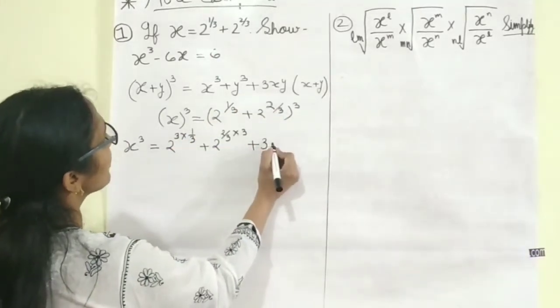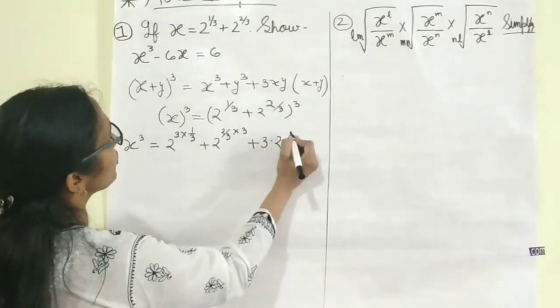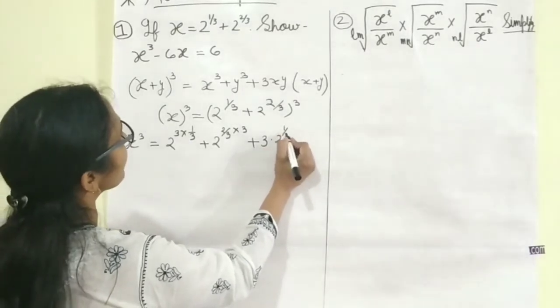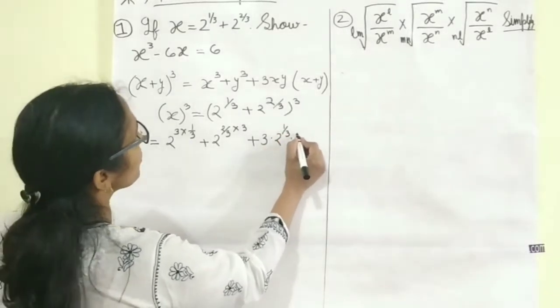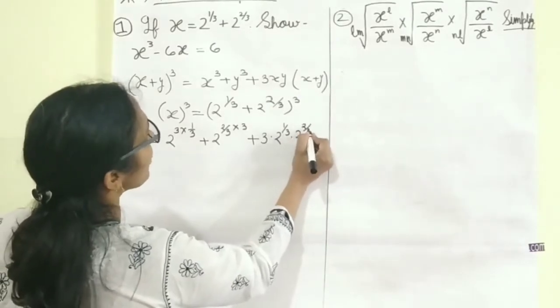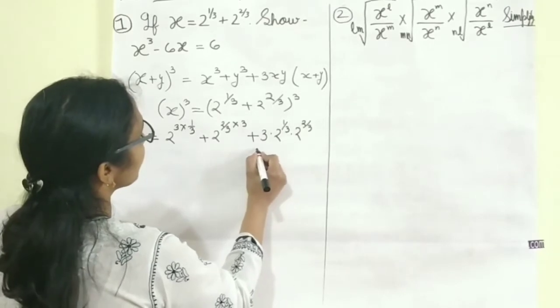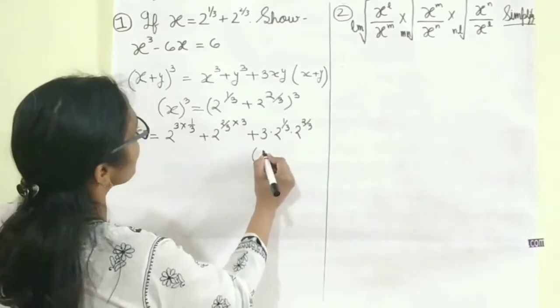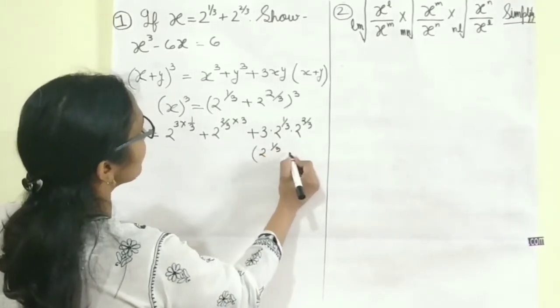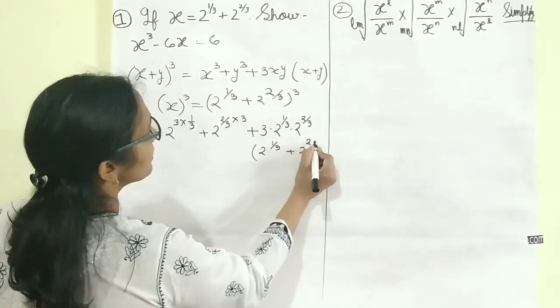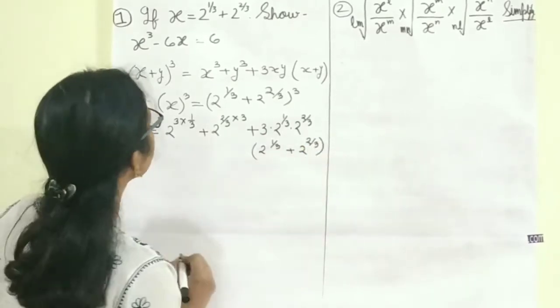So 3 into 2 to the power 1 upon 3 into 2 to the power 2 upon 3, into 2 to the power 1 upon 3 plus 2 to the power 2 by 3.